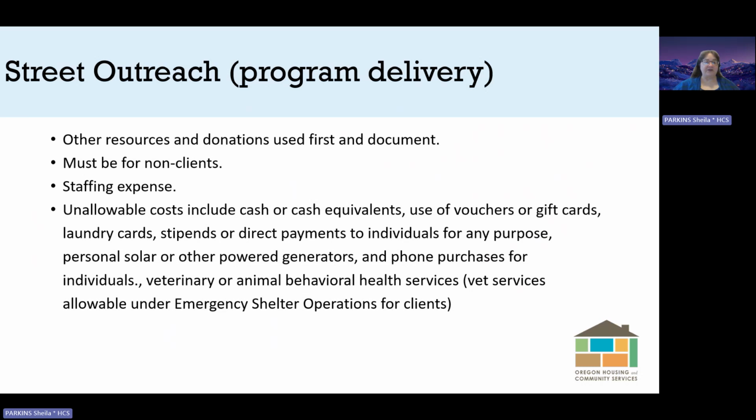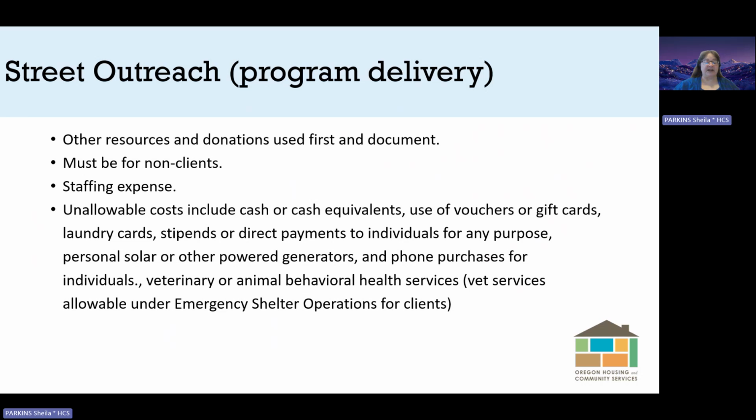The category of street outreach cannot be used for a client. A client has been screened, is determined eligible, and is receiving rapid rehousing assistance. Street outreach is only for those who are not yet clients. Additionally, it's important to understand that at no point is the use of gift cards or other cash equivalents, such as a prepaid laundry card, allowable in street outreach.